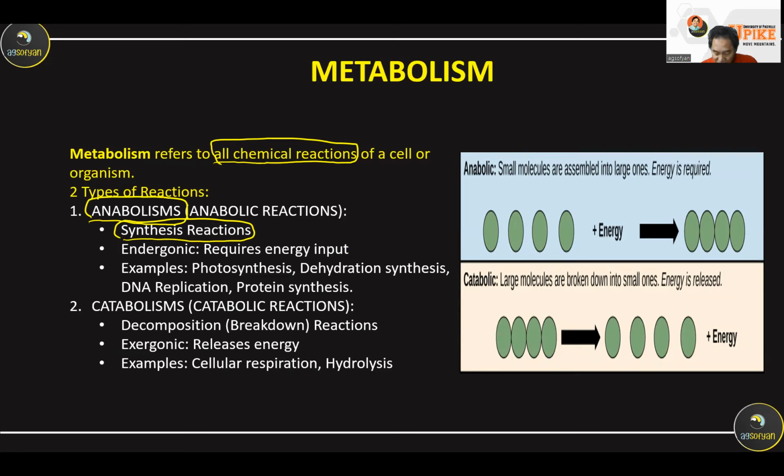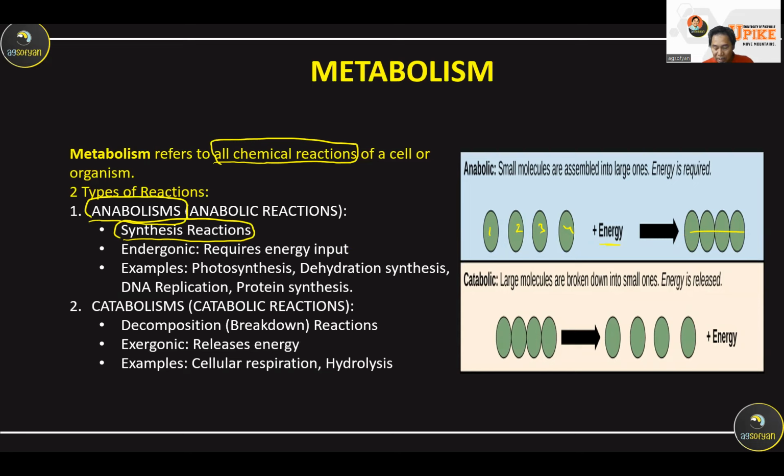Like, for example, this one over here: 1, 2, 3, 4. There are 4 smaller molecules, and then with additional energy over here, they will be synthesized into these bigger molecules over here. So all these molecules combine together to make bigger molecules.